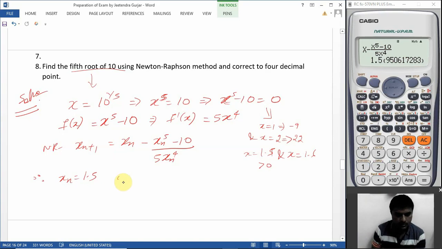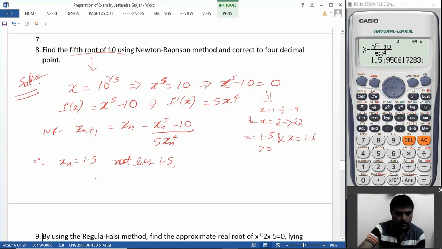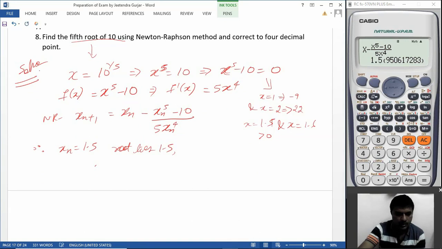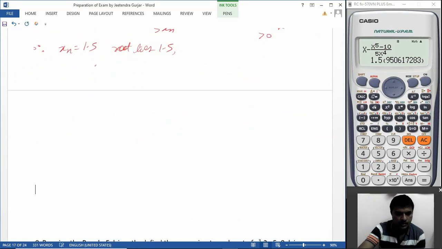Enter, you will get x3 is equal to 1.584. They have given 4 decimal places, so you can do it 4 times. 1.584, go for equal to, 1.584, enter, so you are getting the same value. That's it.